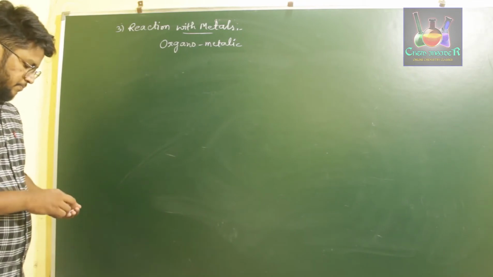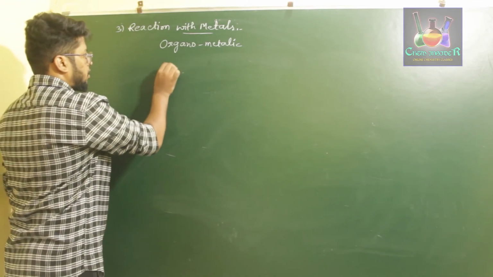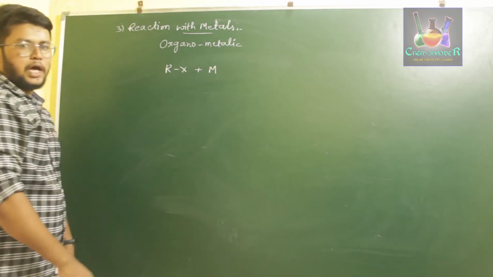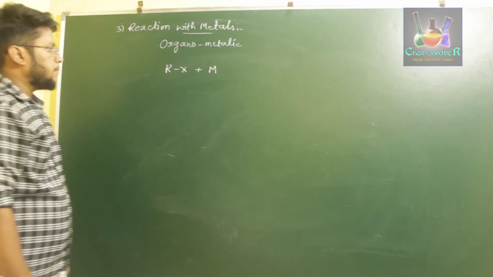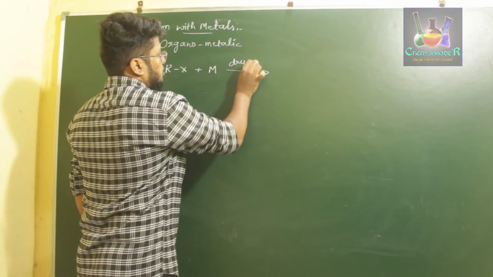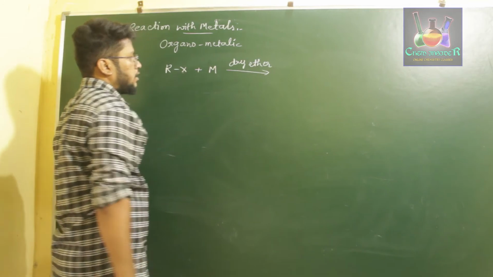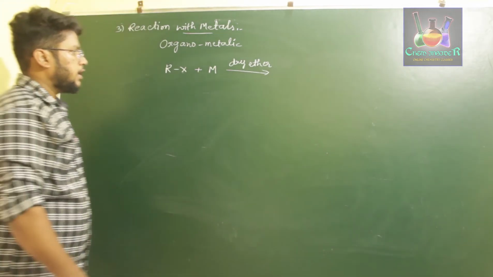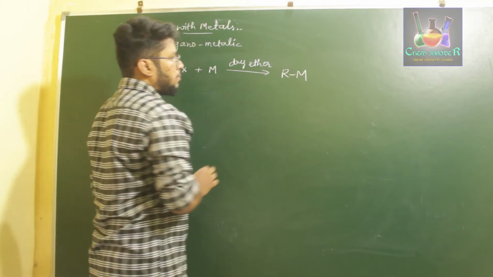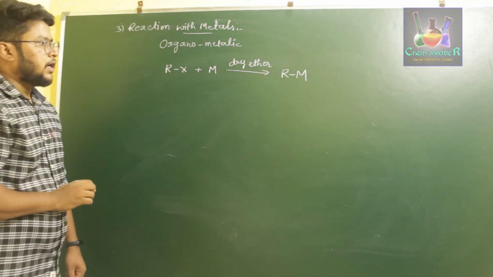So for example, let us say we are treating haloalkane RX with a metal M. When the haloalkane is treated with a metal M in the presence of dry ether, it forms a covalent bond between the carbon of the alkyl group and the metal.